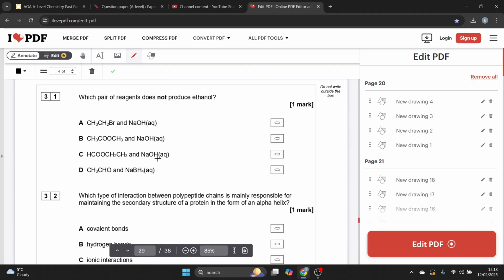Question 31. Which pair of reagents does not produce ethanol? Methane, ethane, bromoethane, and sodium hydroxide. Methane, ethane, that will not form ethanol. Then I've got that and sodium hydroxide. And sodium hydroxide. So what will happen?